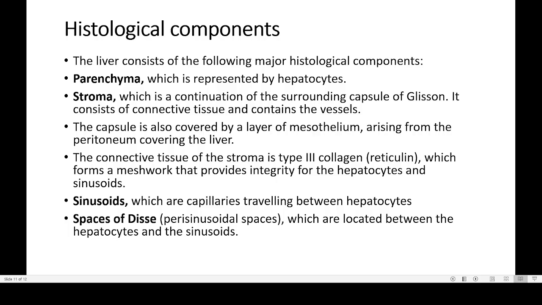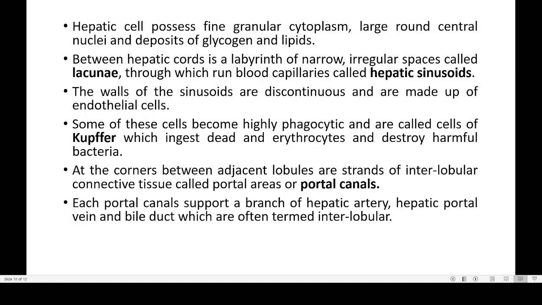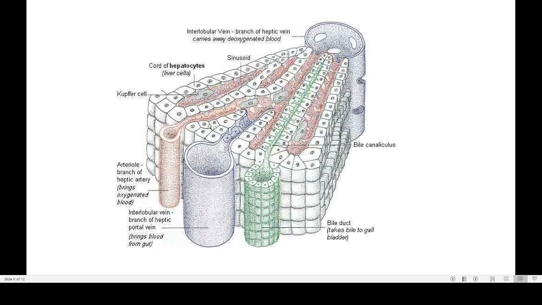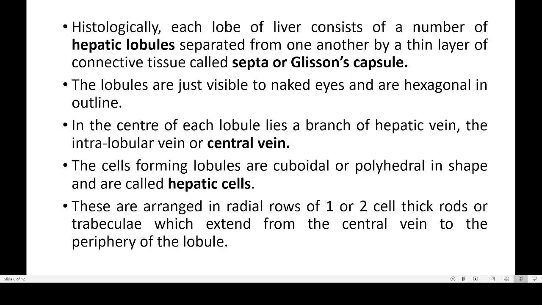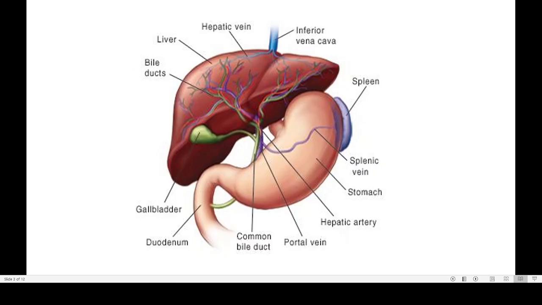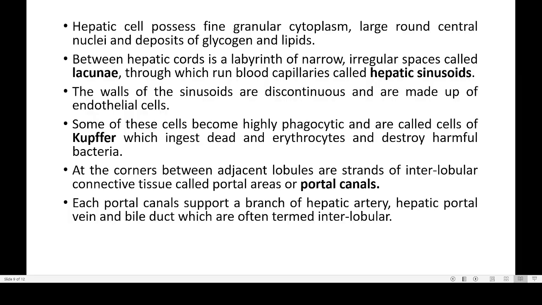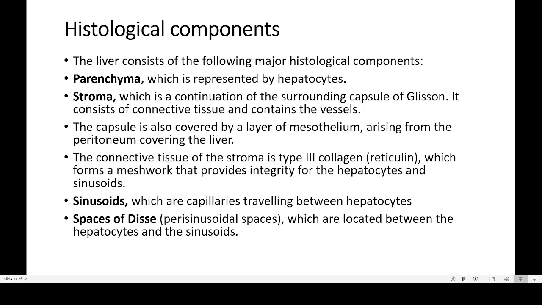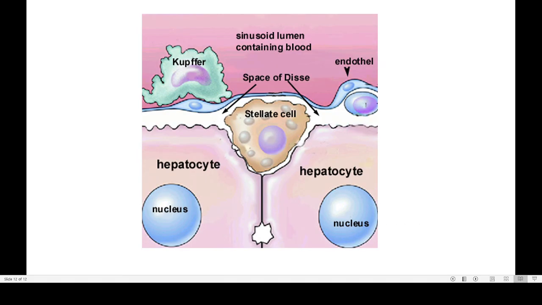And finally we have the space of Disse or perisinusoidal space, which is located between hepatocytes and sinusoid. So here you can find a space of Disse. I cannot show you here. There is no proper picture to show the space of Disse. So the space of Disse is located between hepatocytes as well as sinusoid.